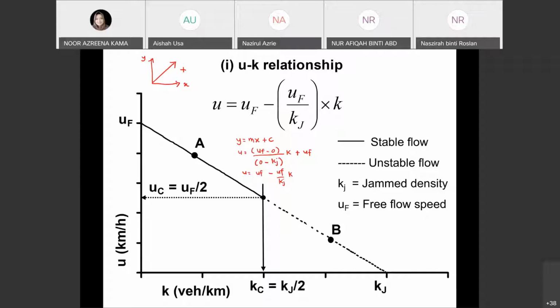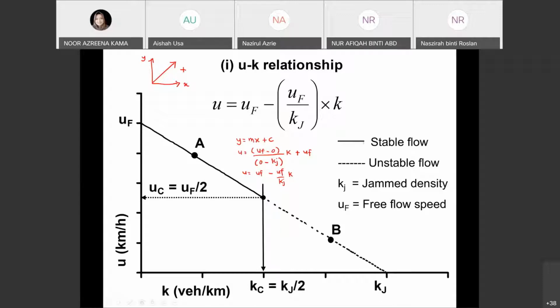Now, let us look into the graph. From the graph, we know that the y-axis is U in kilometer per hour, while the x-axis is K in vehicle per kilometer. The first symbol is stable flow, the solid line.